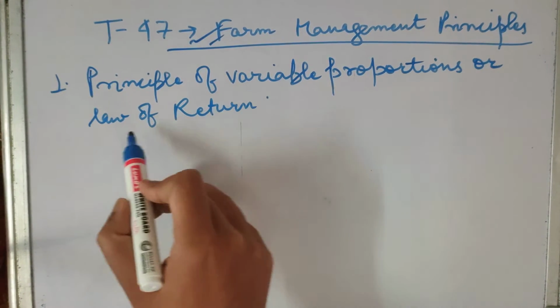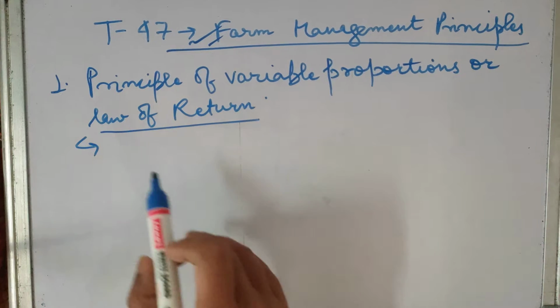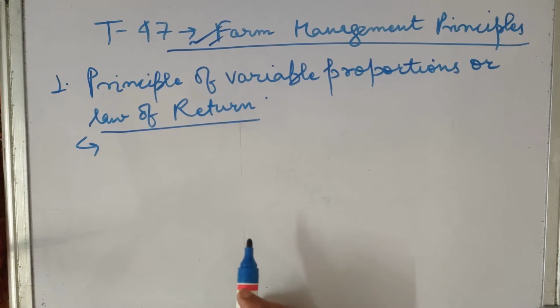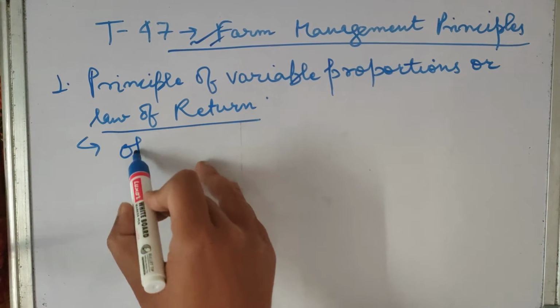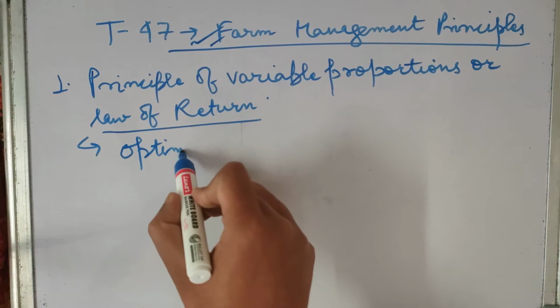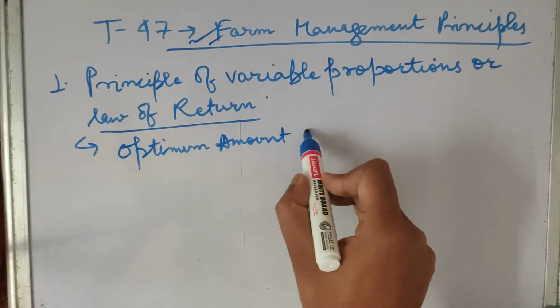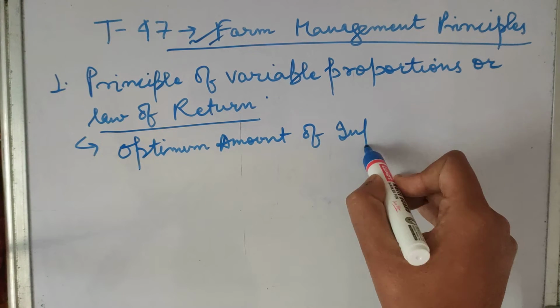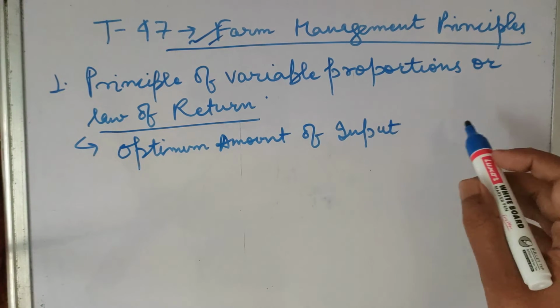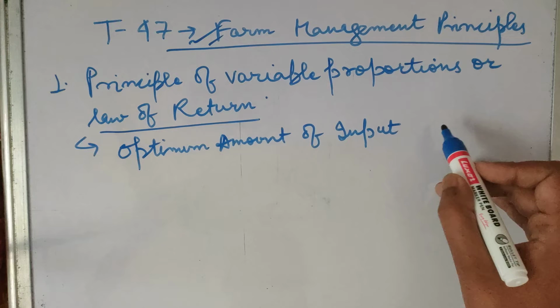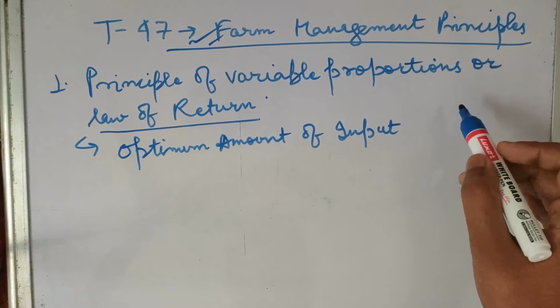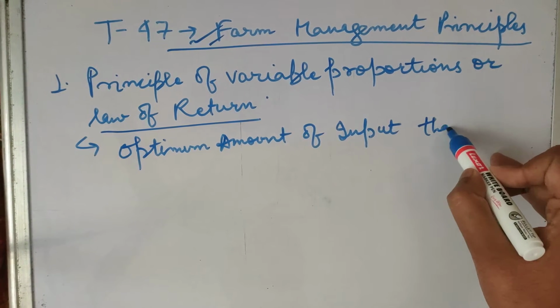This principle helps us in deciding the optimum amount of input that needs to be applied for cultivation of a particular crop or enterprise.